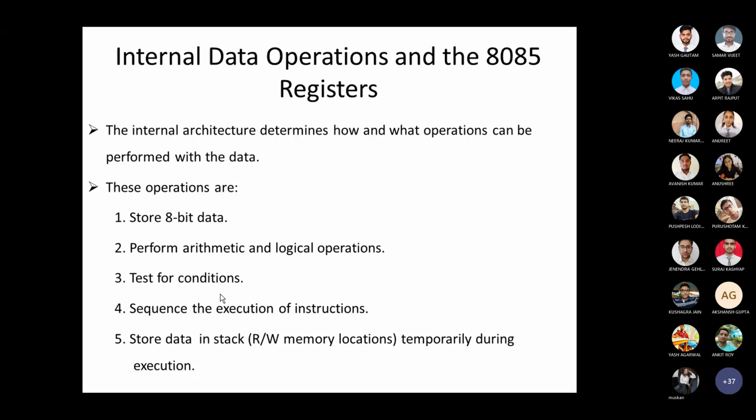There are different operations: storing the 8-bit data, performing arithmetic and logic operations on data, and testing for conditions on the data. Suppose in the accumulator there is 00, so if it is 0, that is a condition. Also parity, odd parity or even parity, meaning the number of ones in this 8-bit data.